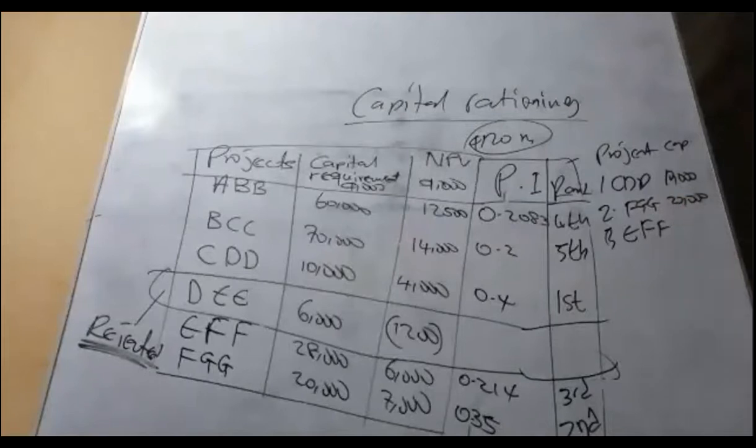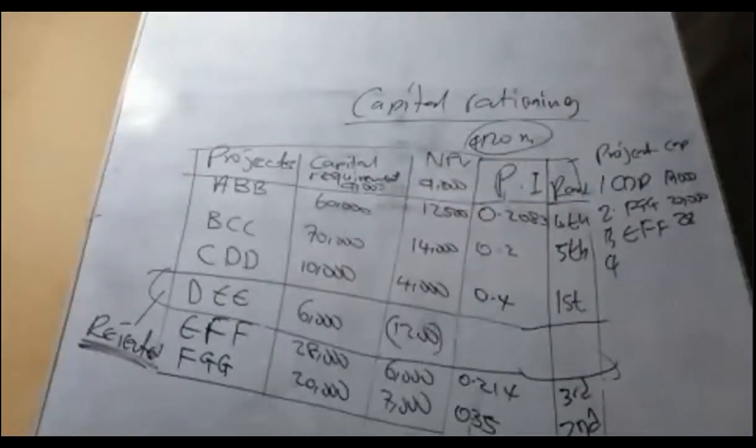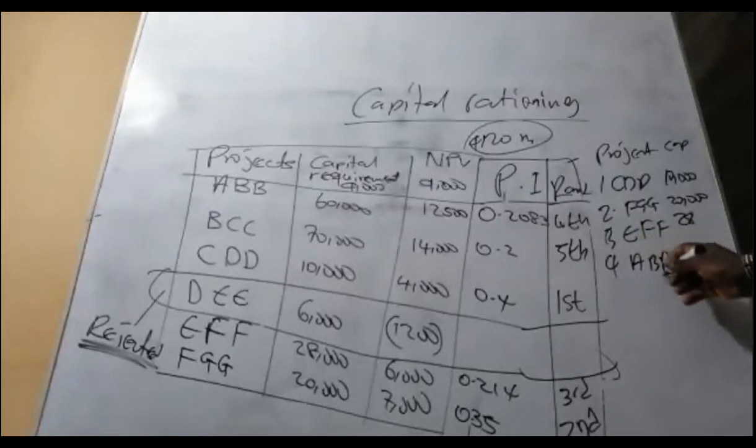And then you keep counting. As and when you reach your 120, then you stop. So 28,000 plus the earlier 30 gives us 58. We have 78 more to go. Then the fourth project is ABB, so we can still take ABB.